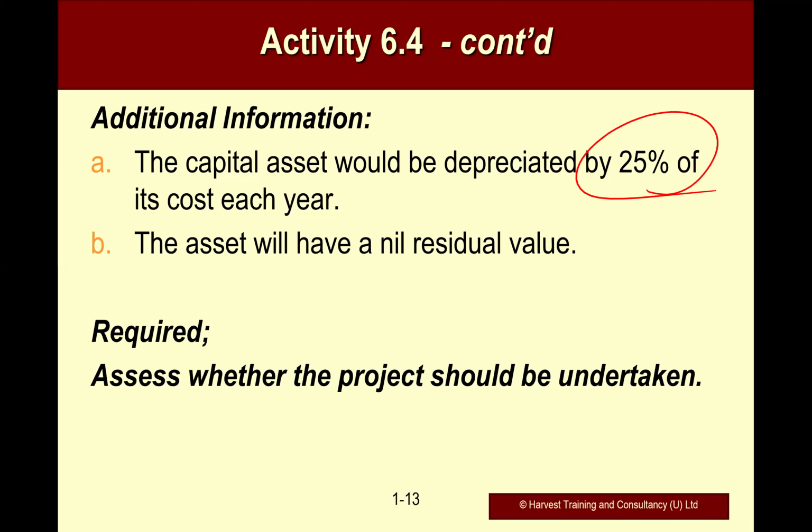So we are going to depreciate the asset at 25% of its cost each year. And then the asset has a nil residual value. So we shall assess whether the project should be undertaken or not.